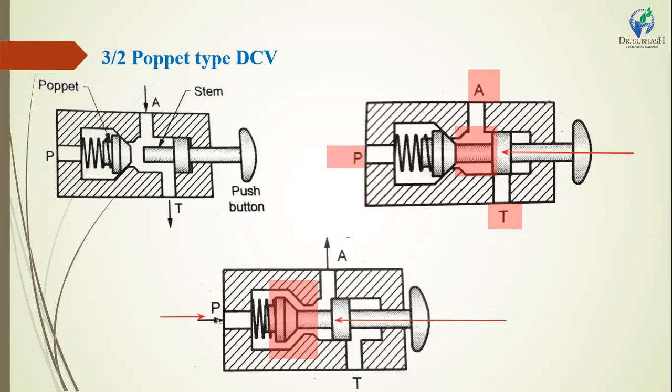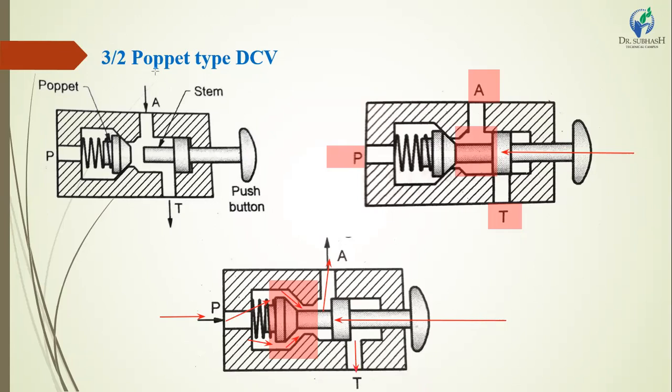The hydraulic oil passes from port P through the conical poppet type DCV and exits to port A. On the secondary side, the return to the oil tank is closed, means oil passes from port P to port A, but oil cannot return to the hydraulic tank, and only passes from the pump to the hydraulic circuit.